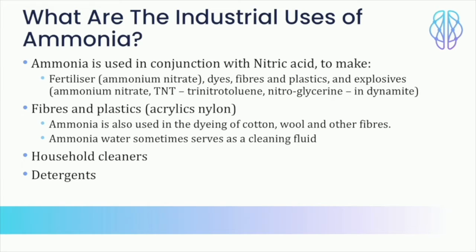Ammonia is used in a lot of things, and this first dot point is the crux of it. It's used in fertilizer, which is the most important thing. Also dyes, fibers, plastics, and explosives. TNT is a nitrate-based compound, and you can make TNT from ammonia. Also dynamite, it's important to add.